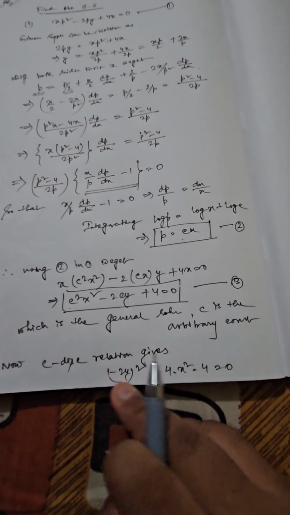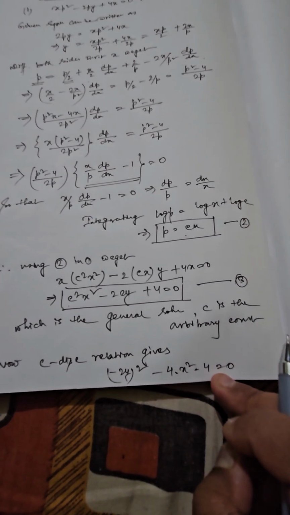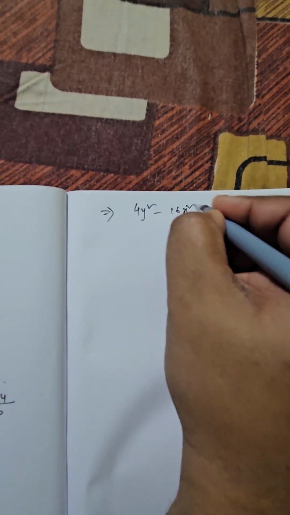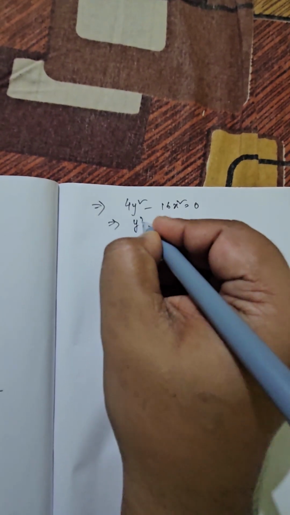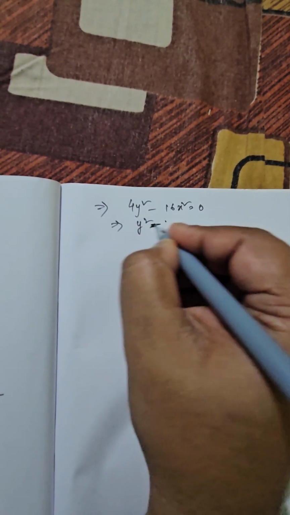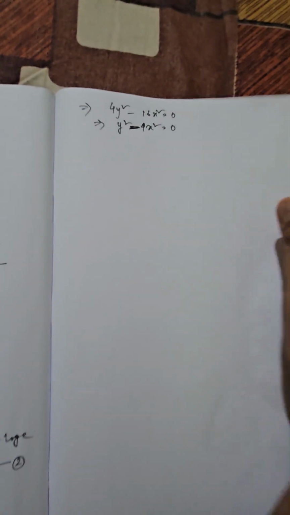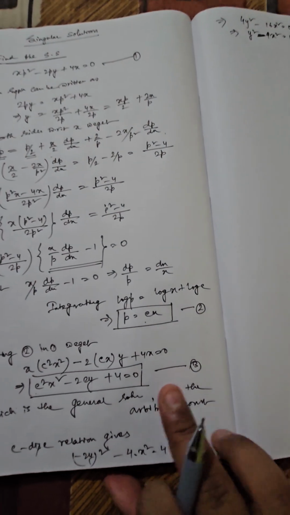So 4y square, and from here you will get 16x square. So the result will be y square minus 4x square. Say this is equation number 4.